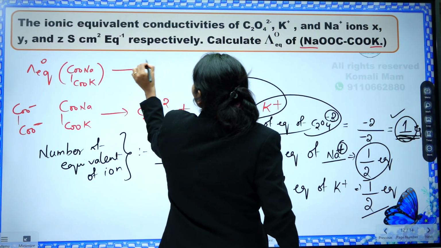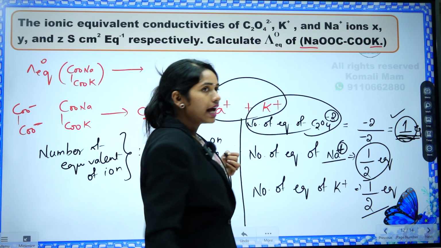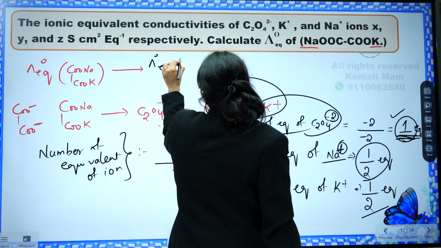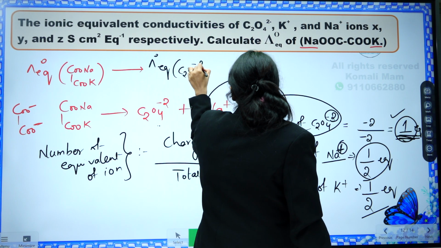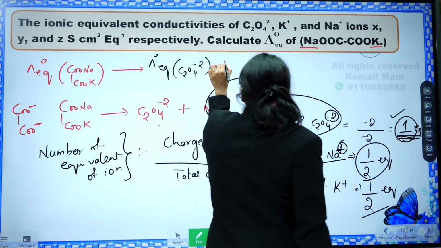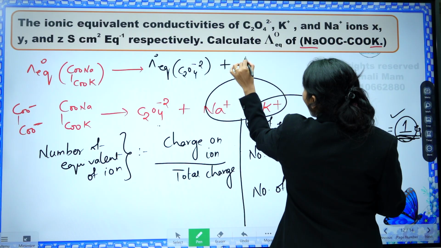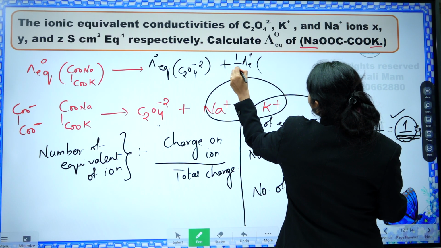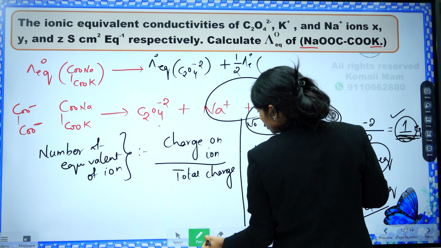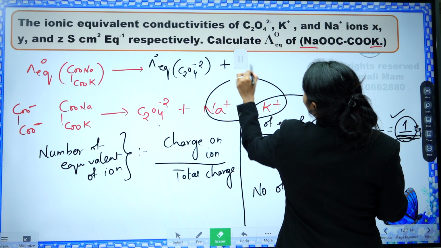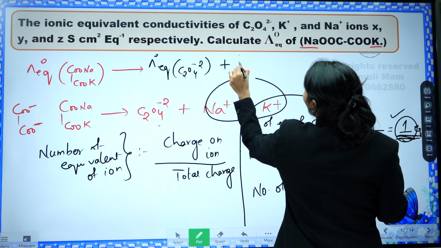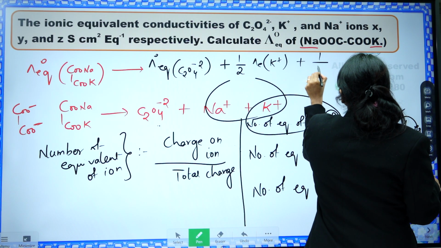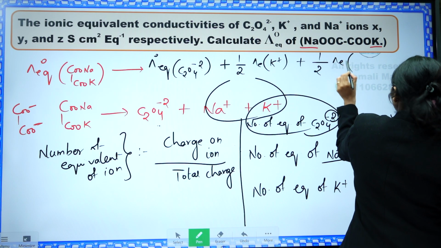So see the formula. The equivalent conductivity at infinite dilution of this salt is equal to the number of equivalents of C2O4 minus 2, which is one equivalent, but that equivalent was gained by half equivalents of K plus and half equivalents of Na plus.